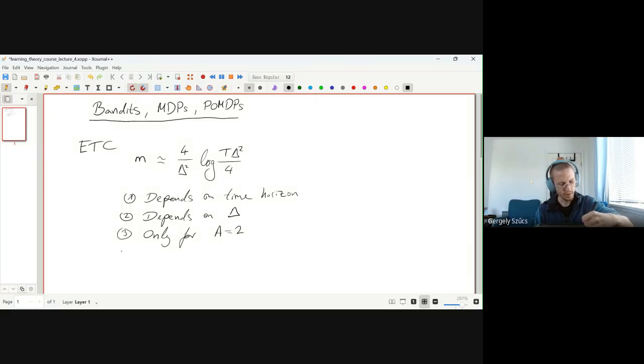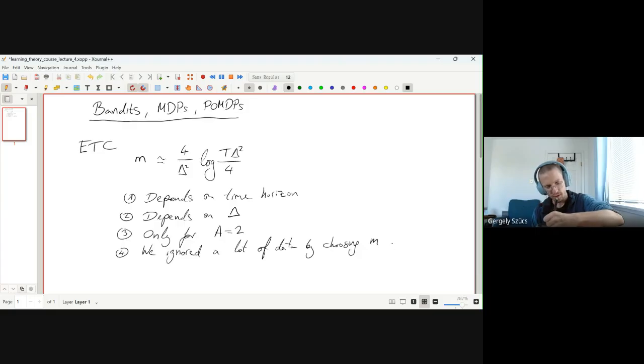The fourth thing we might mention is that we decided ahead of time how long to explore each arm, and we did not look at the outcomes of those arms at all for that decision. So we ignored a lot of data by choosing ahead of time.